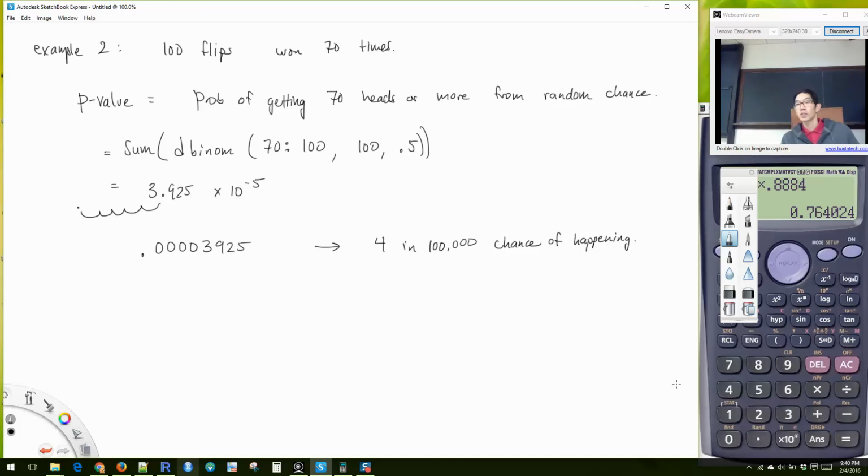So it could happen, but it's so incredibly unlikely to happen just by random chance. It's a lot easier for us to say, you know what, yeah, technically it's possible, but this probability is so small, I don't think it happened this way.